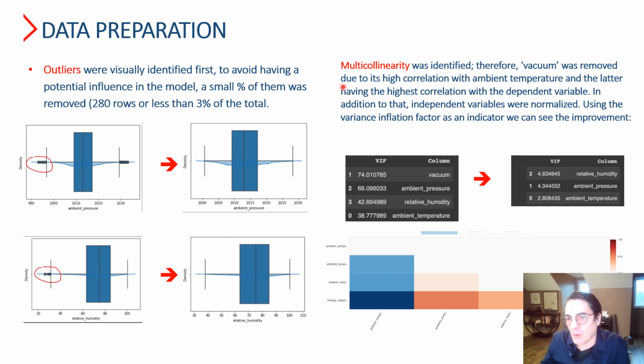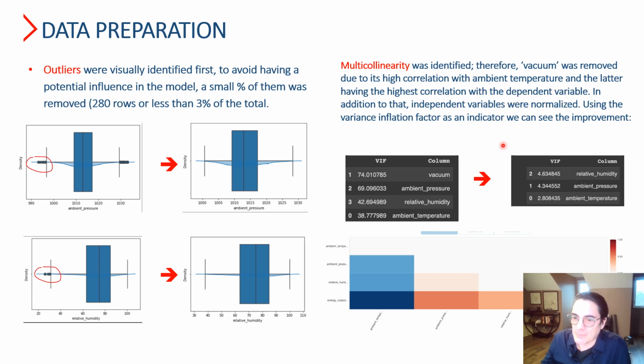In terms of the multicollinearity that we mentioned before, there were two steps. One of them was just to remove the vacuum variable, mainly because, as we discussed, it's highly correlated already with temperature. So we're not losing a lot of information from it, and it's just making noise. So that was removed, and then we also normalized all the independent variables.